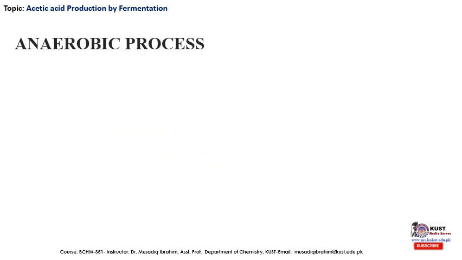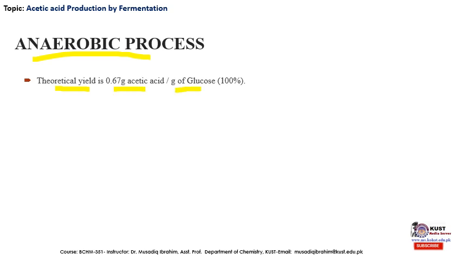Now in case of the aerobic process, the theoretical yield is 0.67 gram acetic acid obtained from 1 gram of glucose, and here the glucose used is 100% pure. The realistic yield is 76%, that is 0.51 gram acetic acid is produced from 1 gram of glucose.